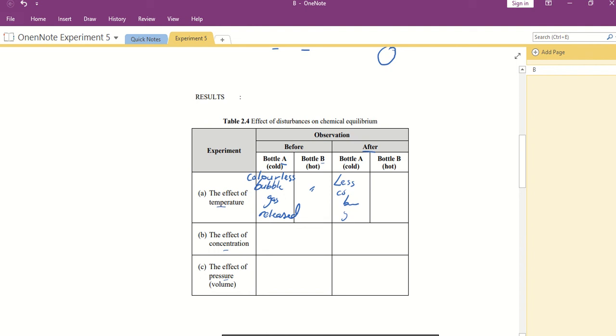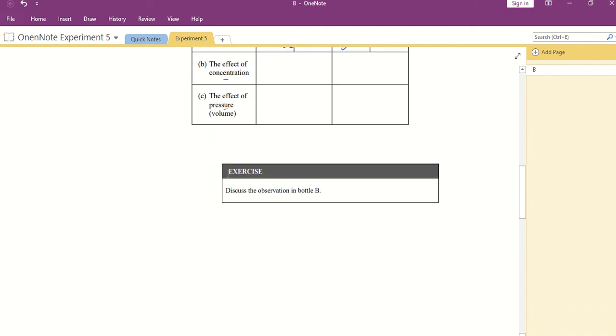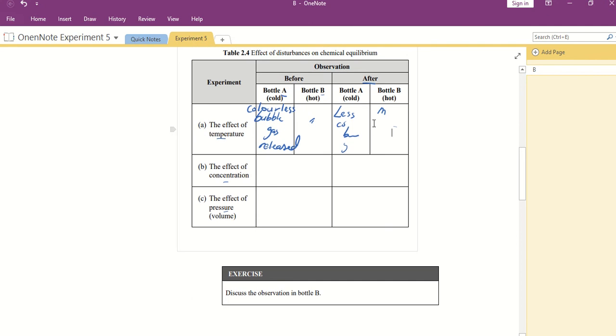For bottle B, we put the bottle in a beaker filled with boiling water, and after 5 minutes we can see that more colorless bubble gas is released. So what happened? You are asked to discuss the observation in bottle B. Why do we have more bubble gas released when we put the carbonated drink in boiling water?